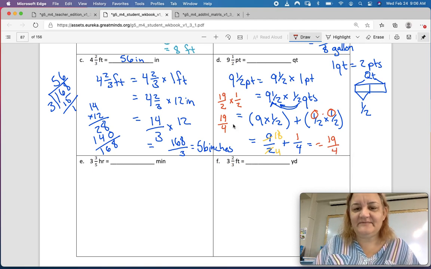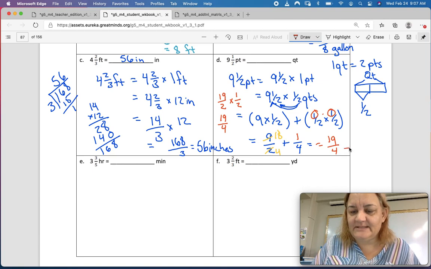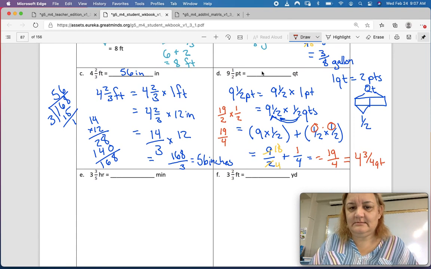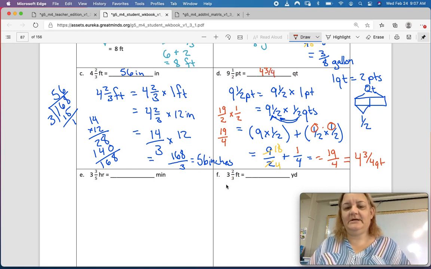This is why it's great to have 2 different ways to do the problem so you can see where you made your mistakes. So 4 into 19 would go 4 times with 3 left over. There, that makes more sense. Four 3/4. Much better.